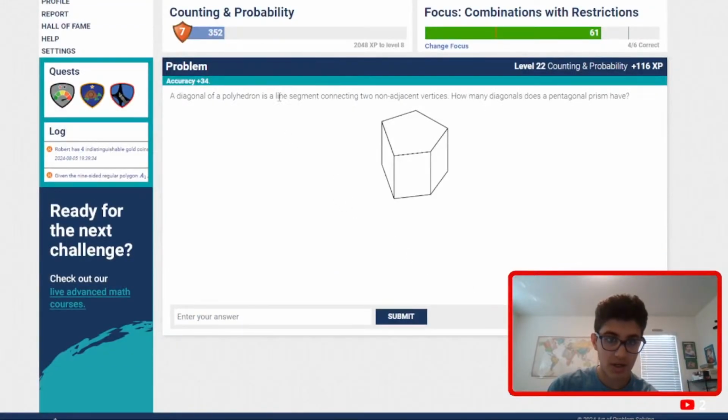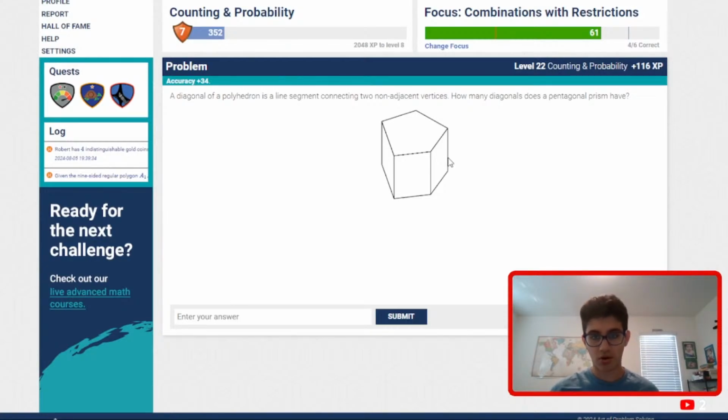The diagonal of a polyhedron is a line segment containing two non-adjacent vertices. So it's a pentagon and then a prism. How many vertices are there going to be in total? There are going to be 10 vertices. You can't include yourself, right?